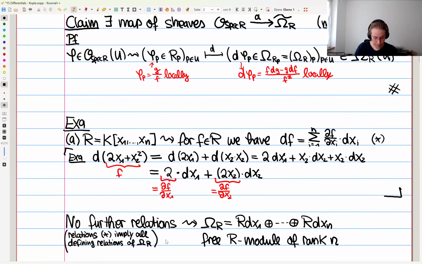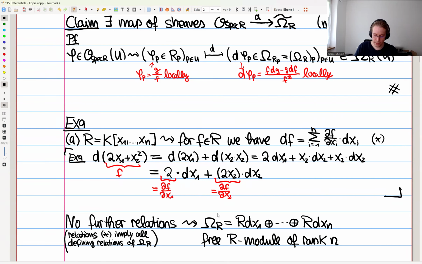The reason for this is that these relations here imply all the defining relations of omega r. So if you impose these, then you can recover the three defining relations. And so these systems of relations are equivalent, and they give everything. What this shows is that any element of omega r can be written uniquely as a sum of some function times dxi.